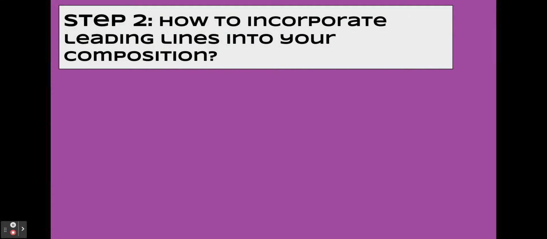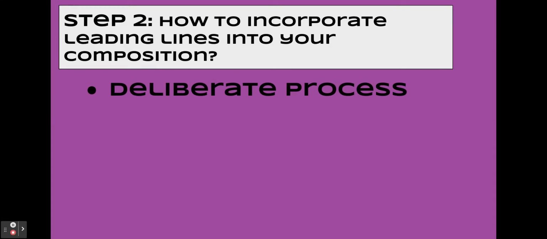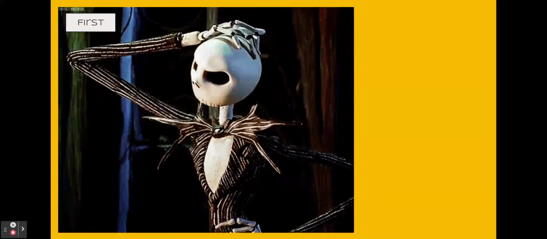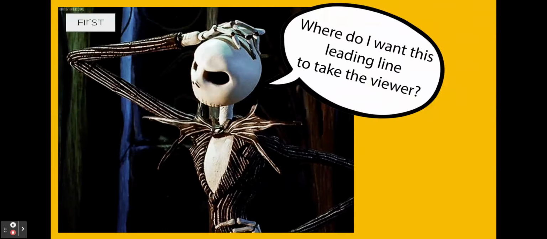Okay, so now that we've identified elements that we can use as leading lines, step 2 is to figure out how to effectively use them. This should be a very deliberate and very thoughtful process. First, you want to ask yourself, where do I want this leading line to take the viewer?